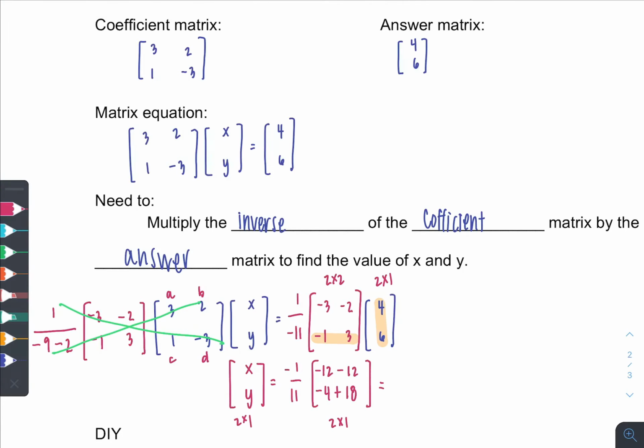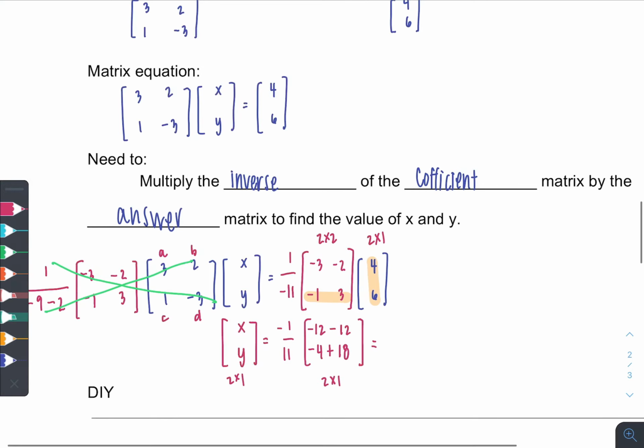So that is equal to, run out of space here, negative 1 over 11 times negative 24 over 14.